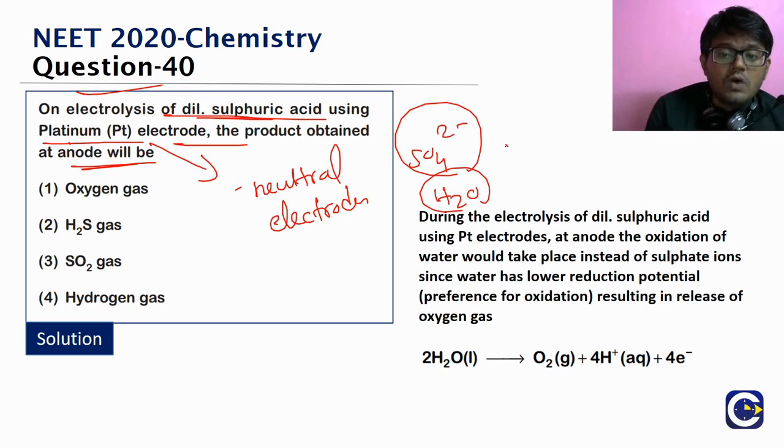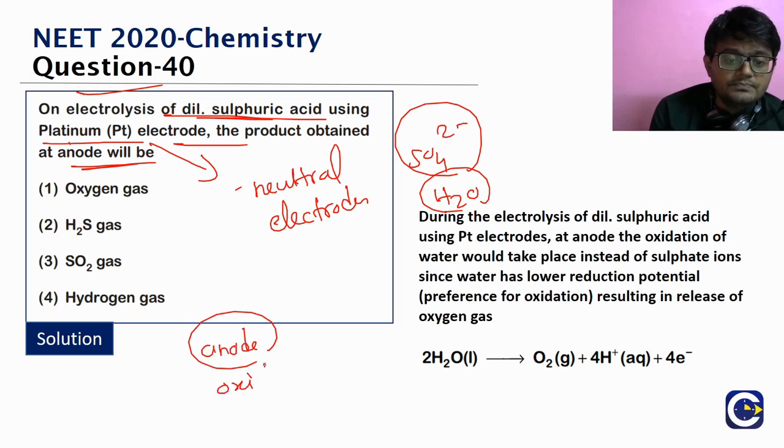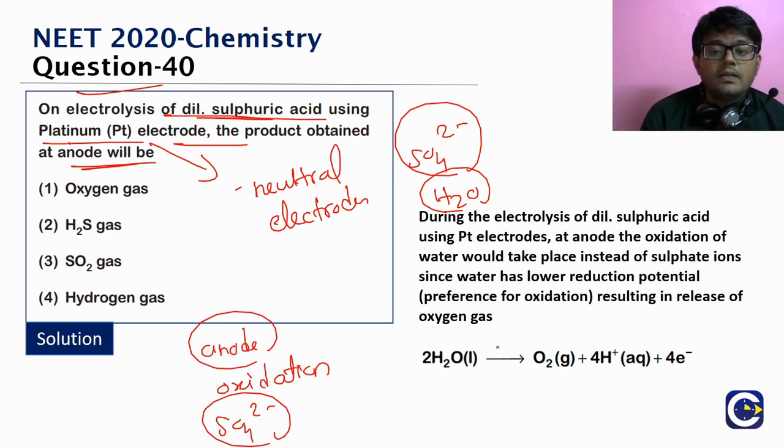Now at the anode, what must happen? Anode is the site for oxidation. The anion, which is the sulfate ion, will go to the anode, but at the anode there must be oxidation. Whichever has a lower reduction potential will undergo preferential oxidation.